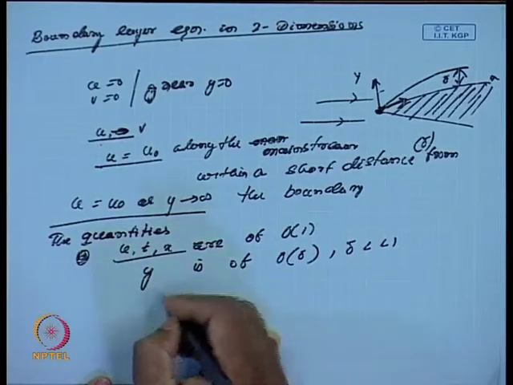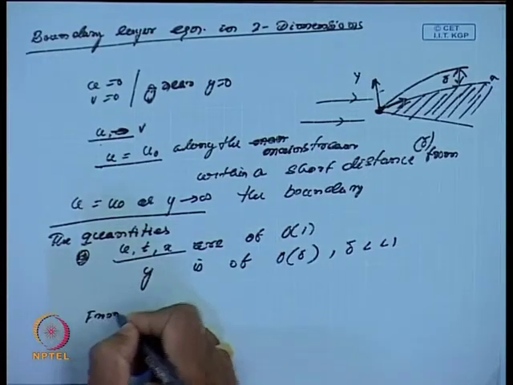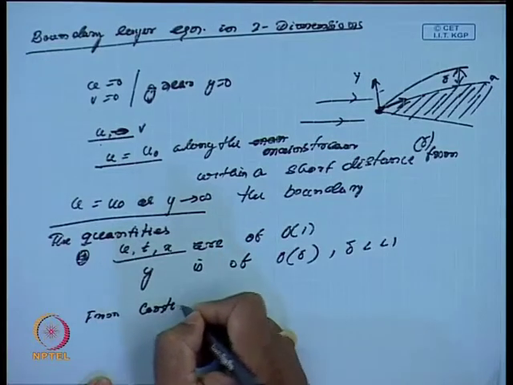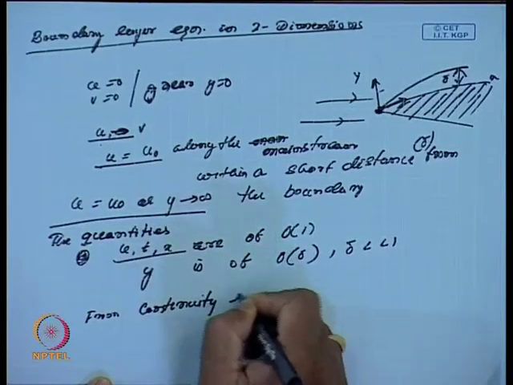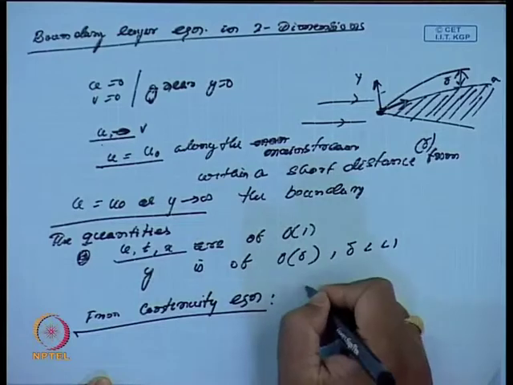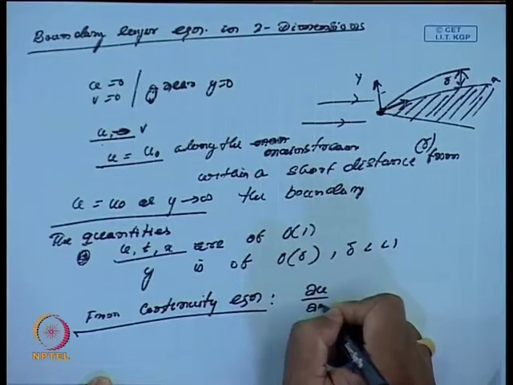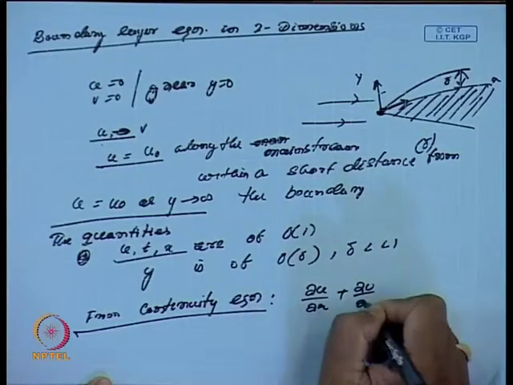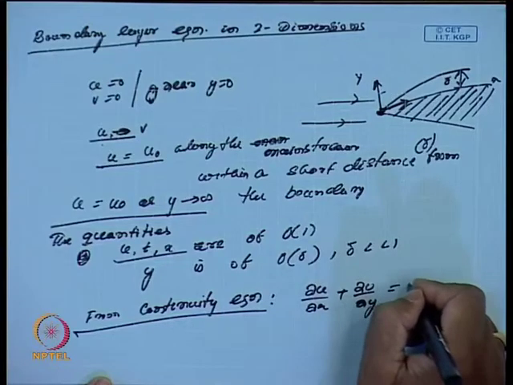Then what will happen from the continuity equation? If you look at the continuity equation, we have del u by del x plus del v by del y equal to 0.